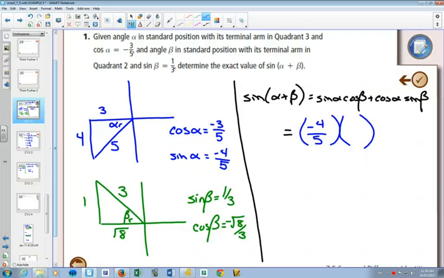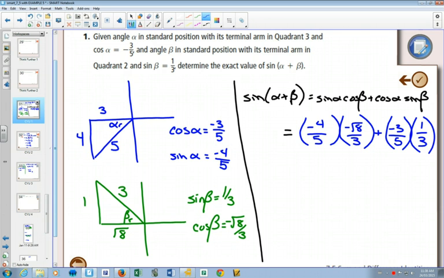We can replace all of cos beta with -√8/3, all of cos alpha with -3/5, and all of sine beta with 1/3. So since we know those things, we can put them in right away.